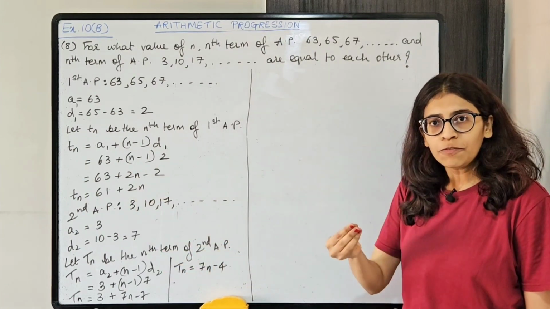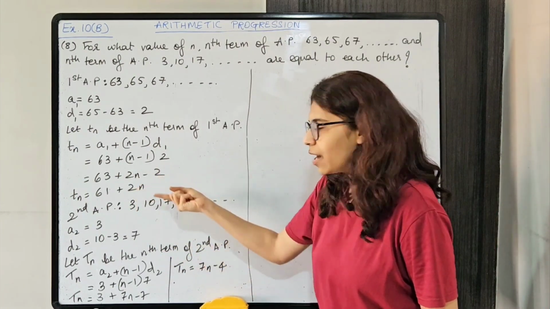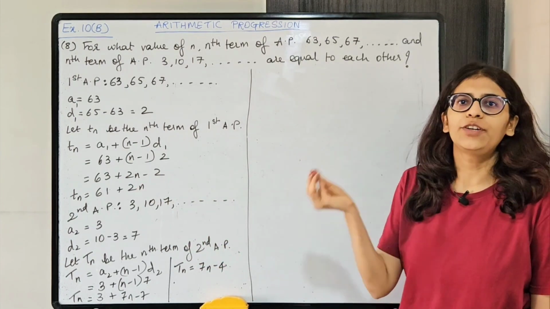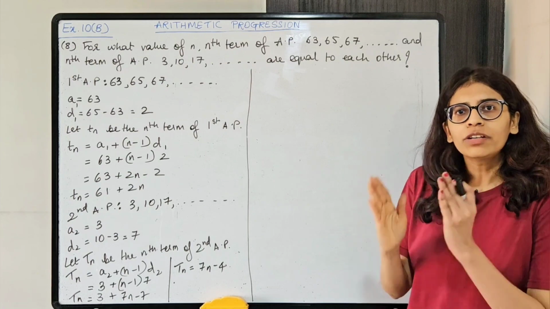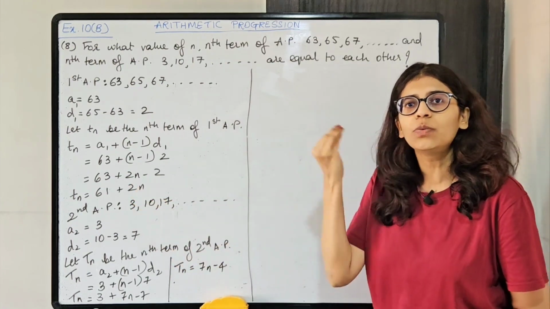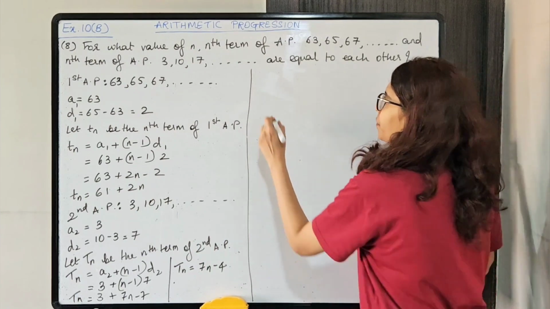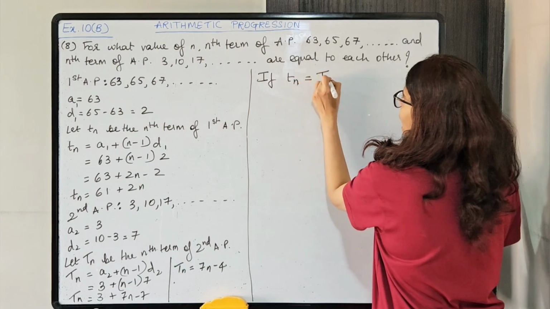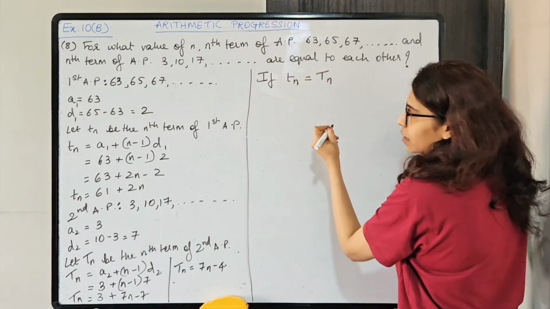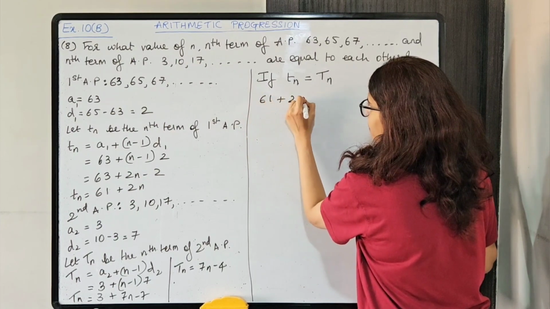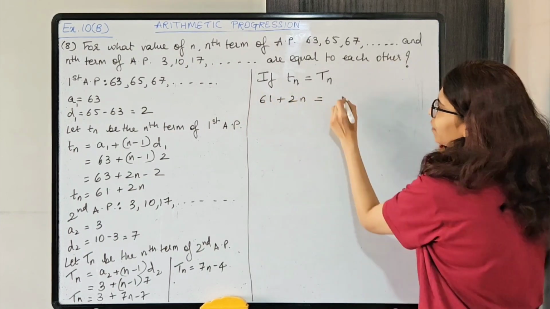Now if both the terms are equal, then what is the value of n we need to find out. Okay, that is कौन से n वाले वैल्यू के लिए दोनों Tn equal है. So if Tn is equal to capital Tn, then इसका वैल्यू क्या है 61 plus 2n and इसका वैल्यू 7n minus 4.